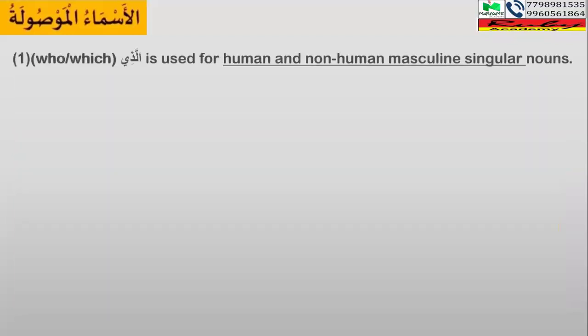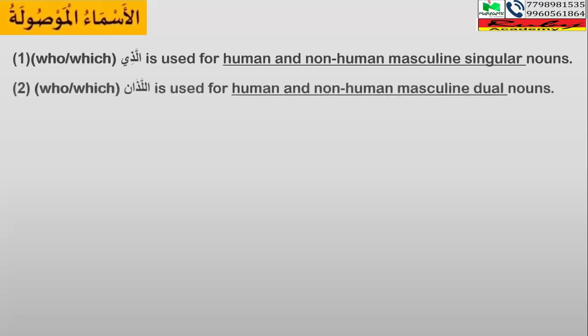So let's see here. Allazi means who or which, but allazi is used for human and non-human masculine singular only. Always keep in mind that allazi is used for human and non-human but in the singular form, masculine singular. Allazani is used for human and non-human masculine dual forms.